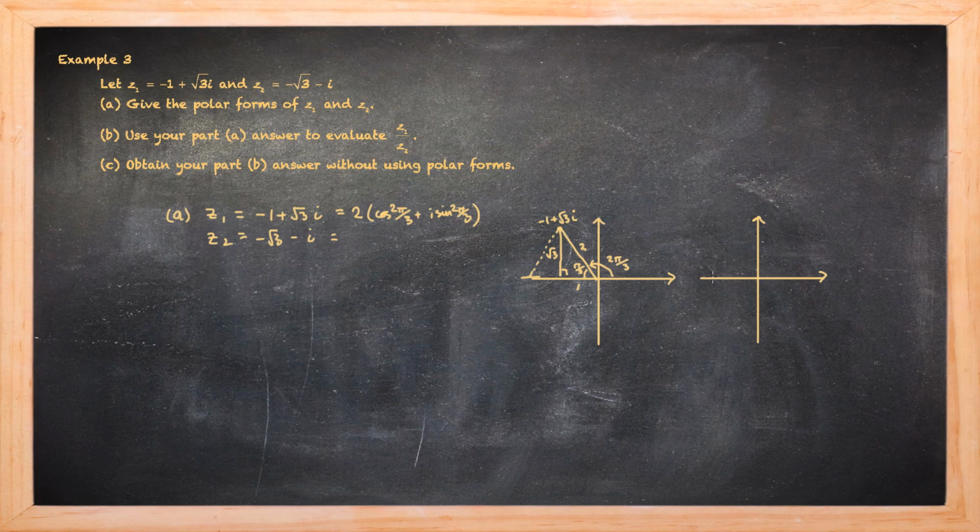So again, if we make up that right angle triangle, that side is root 3, that's 1, so that'll be 2, and we can see where that equilateral triangle is.